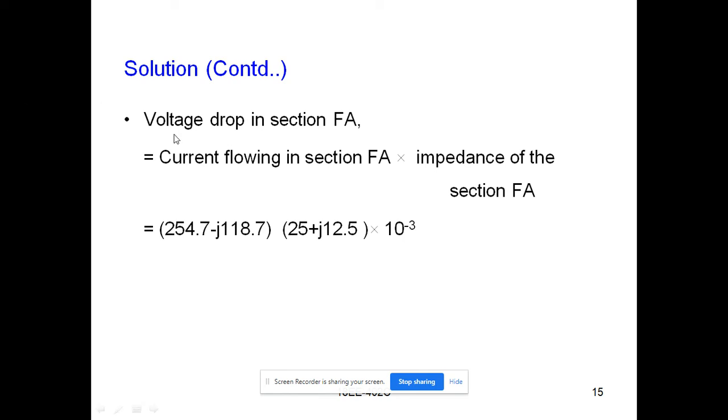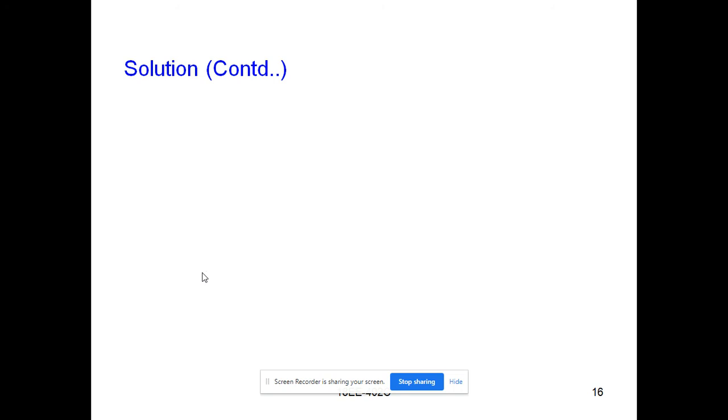We have already found both, so I'm directly substituting. We get 254.7 minus J 118.7 into 25 plus J 12.5 into 10 to the power of minus 3. On multiplying this, we get 7.851 plus J 0.22 volts.